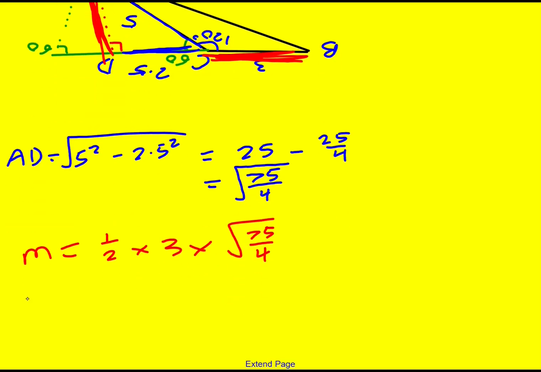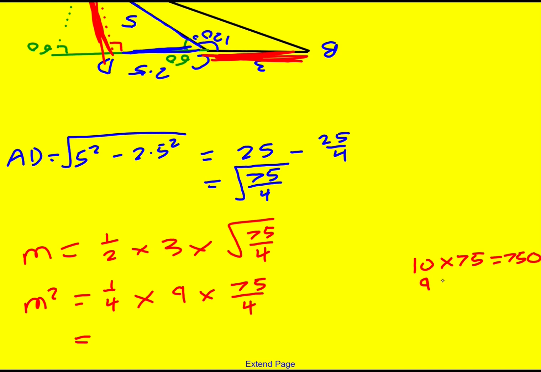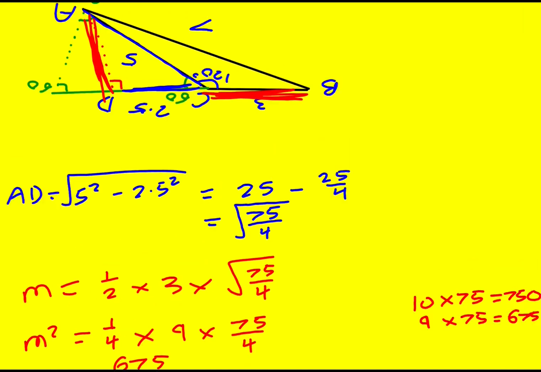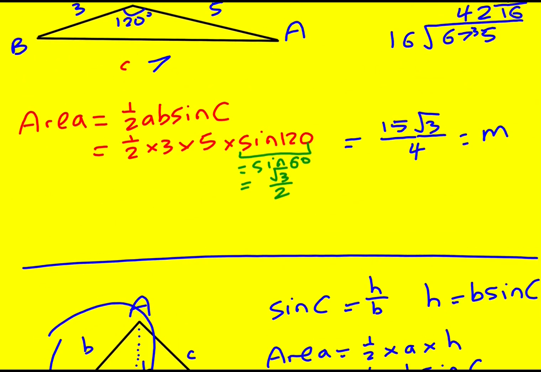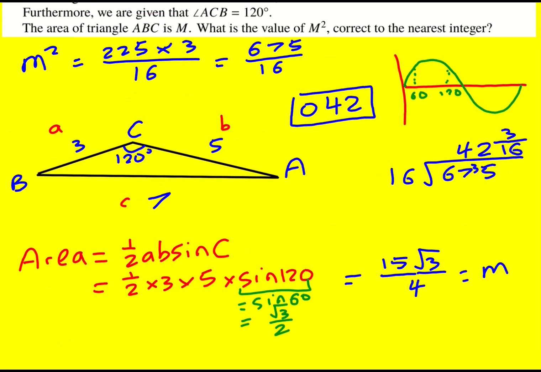So I just now need M squared. Square each term, so a quarter times 9 times 75 over 4. Well, 10 times 75 is 750. So 9 times 75, just minus 75 to give 675. And we're back to 675 over 16, which is precisely what we got before over here.